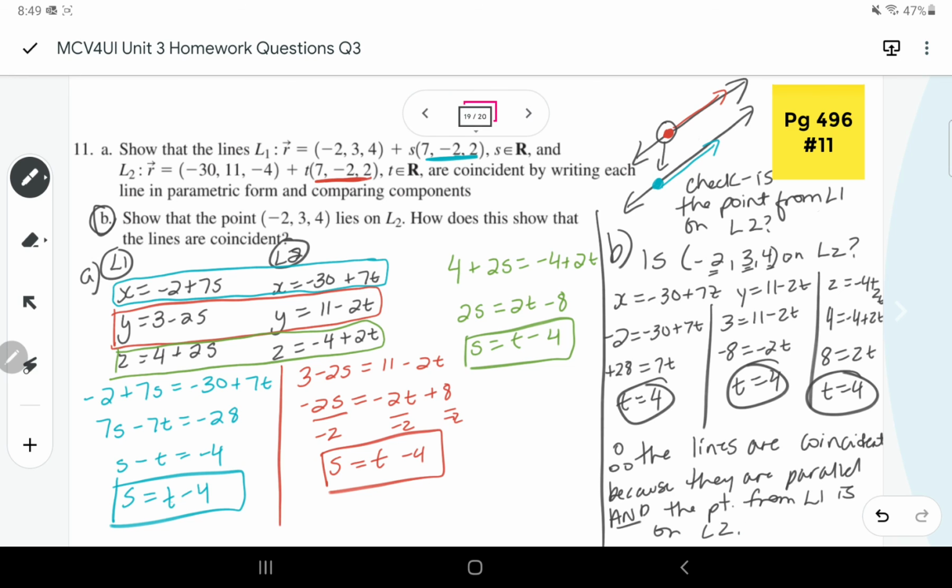They have to be parallel for that to work, because you could have intersecting lines that just happen to intersect at the position vector or the point given for one of the lines. But if you know that they're parallel and one point from this line is on the second line, then you know that they have to be the exact same line.